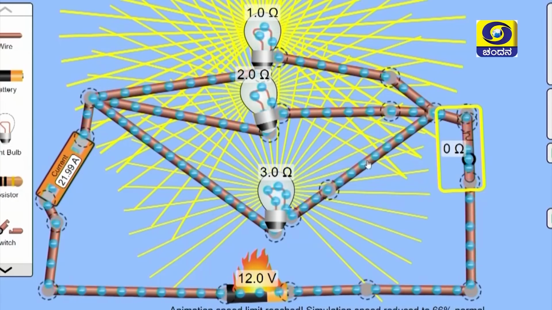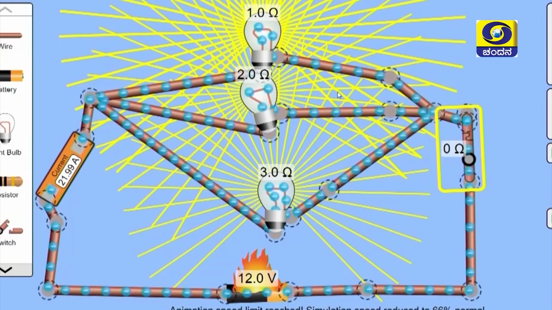In the series circuit, you saw that the potential difference was varying; we have seen that activity earlier. Now what we need to observe is the potential difference at each resistor.